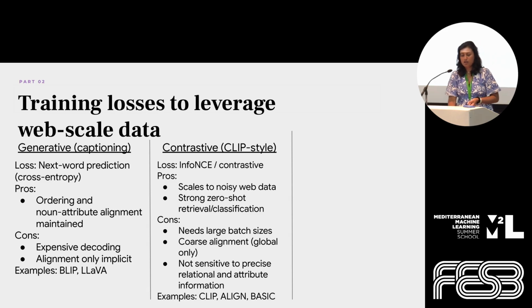And then the last is a loss which a lot of the models between 2017 and 2021 used, which is a binary classification on whether this pair is aligned. You have the image and the text, with very dense cross attention or self attention over this pair, and then you predict if it's aligned or not.